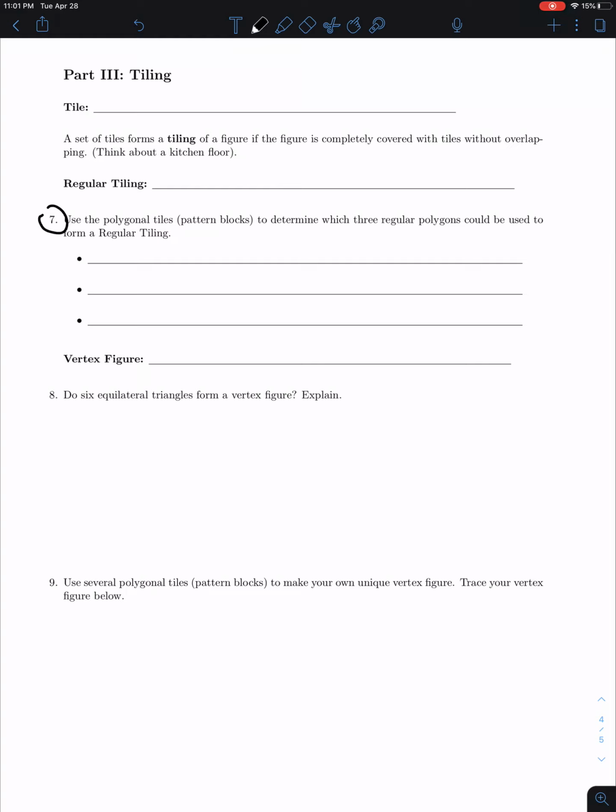And the hint for this one is think platonic solids. Remember, there were only certain regular polygons that you could use to form platonic solids, and it turns out the reason it's true for platonic solids is the same reason it's true for tilings, which is a nice little connection.